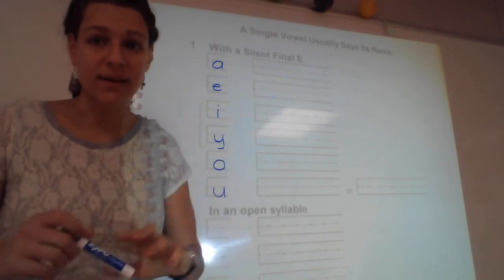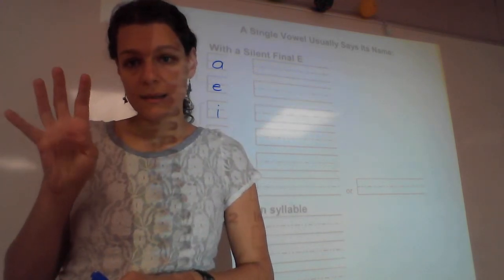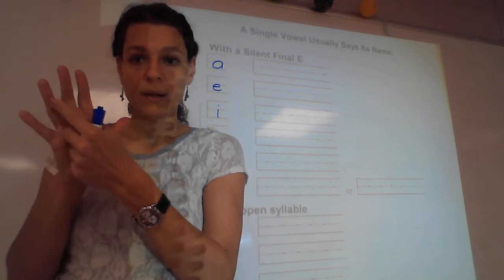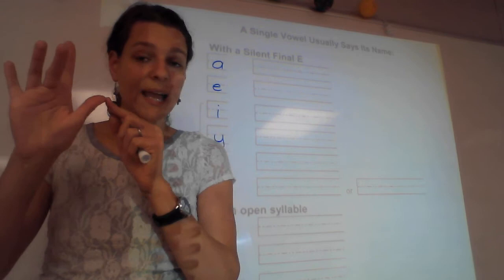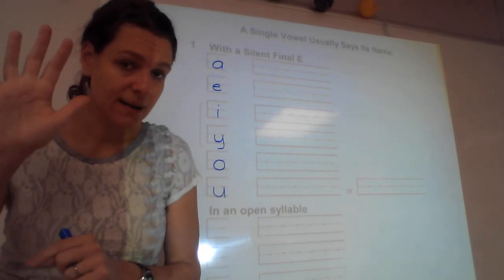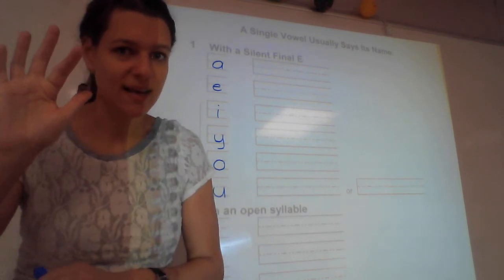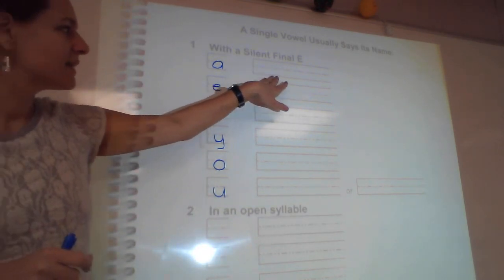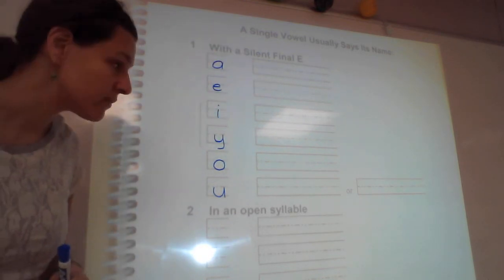All right, what are we going to write to spell place? Good. P-L-A, silent final E, job 1, which makes our A say A, but it also is going to make what? Say S. Good, it's going to make our K say S. So write place. Say the sounds while you write them, or start on your practice paper if you would prefer.